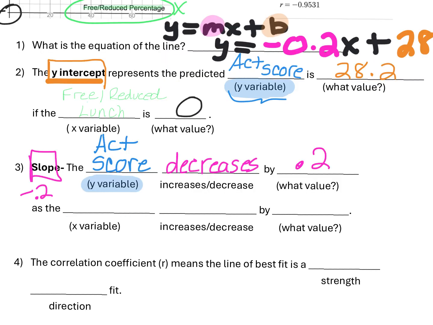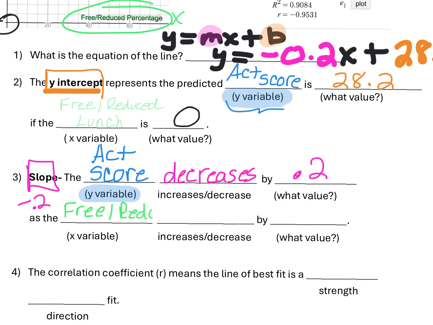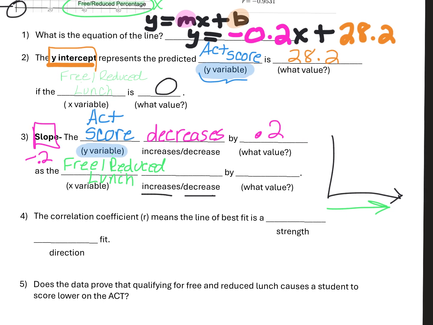As the x variable, remember the x variable is students who qualify for free and reduced lunch, increases. To figure out if it's increasing or decreasing, remember the way we read a graph? We read a graph moving from left to right. Because it's along the x-axis and we're reading it moving from left to right, it's increasing.